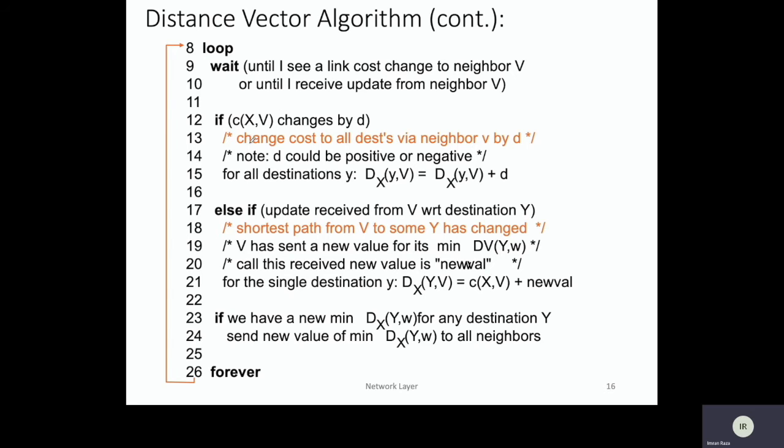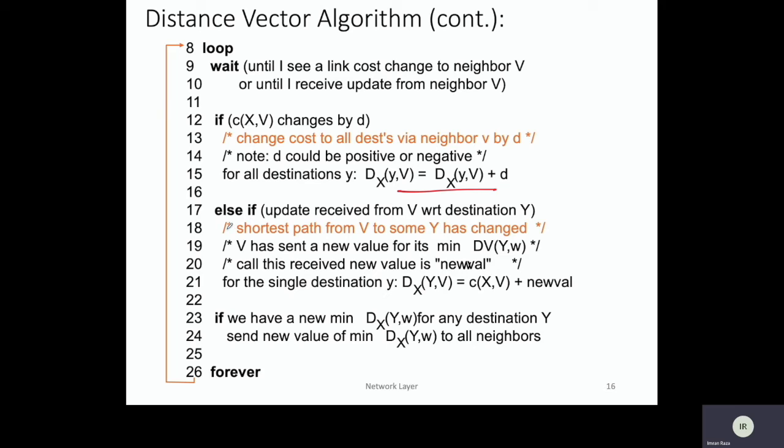So if the cost to reach from X to V changes by D, this change can be positive as well as negative. So we have to recalculate the cost to reach all the destinations.